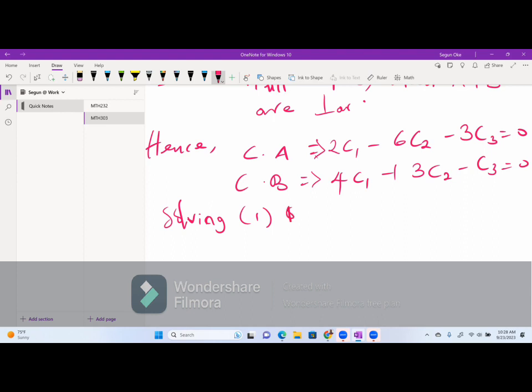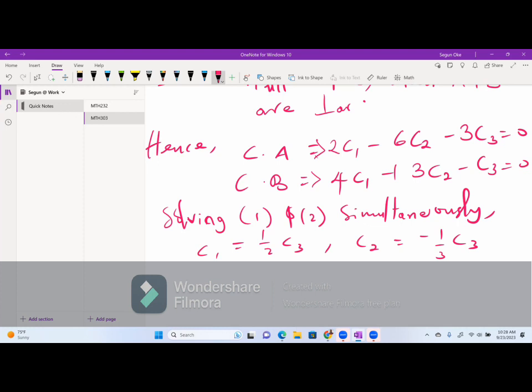Solving 1 and 2 simultaneously, we have C1 equals 1 all over 2 C3, and C2 equals minus 1 all over 3 C3. Which implies that our C equals C3 into 1 all over 2I minus 1 all over 3J plus K.